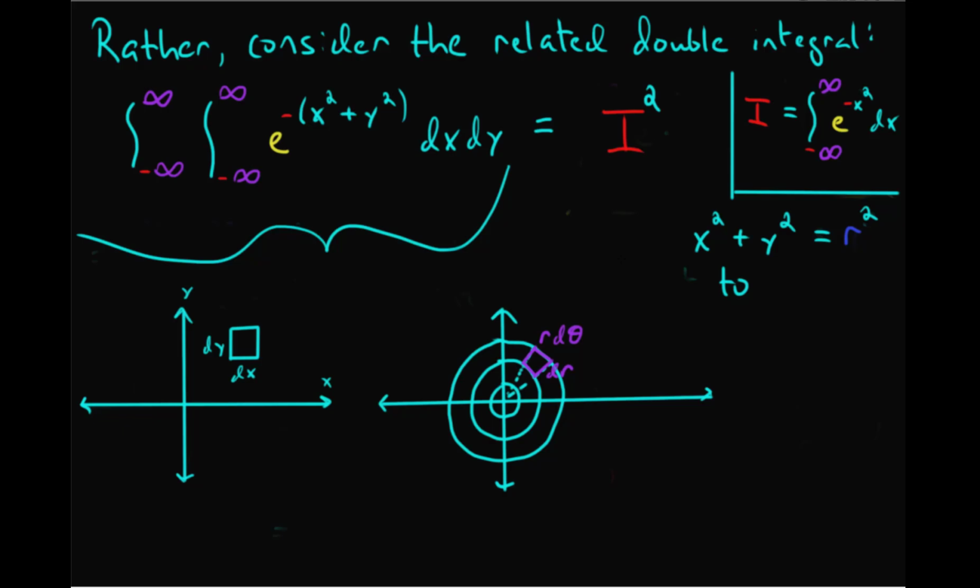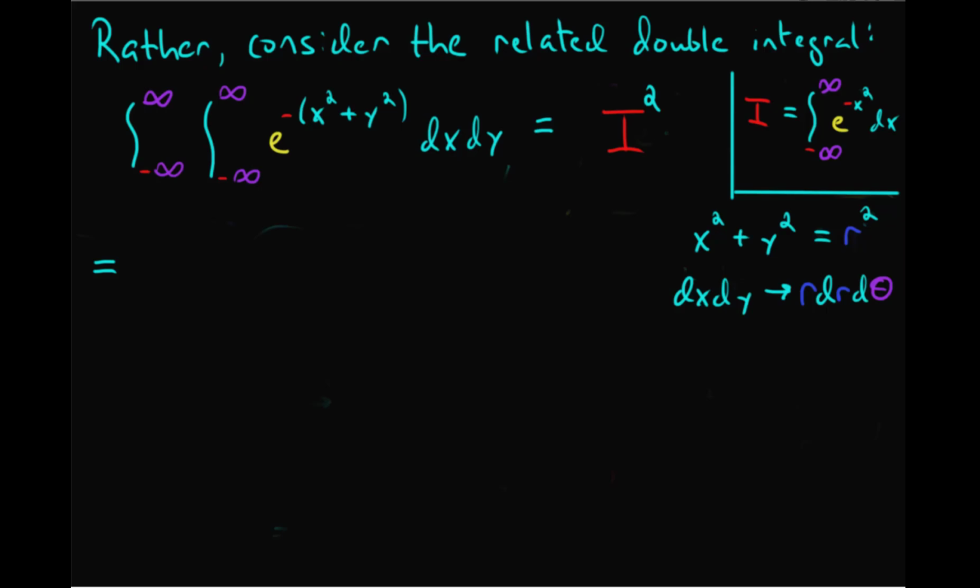Well, the reason is that the width is actually an infinitesimal piece of arc, and we know that the length of a circular arc subtended by a central angle theta is equal to the product of the circle's radius and the angle, which in this instance is d theta. Right? The length of that piece of circular arc doesn't only depend on theta, it also scales with r. So when we convert from Cartesian to polar coordinates, we have that the infinitesimal area element dx dy becomes dr times r d theta, or just r dr d theta.